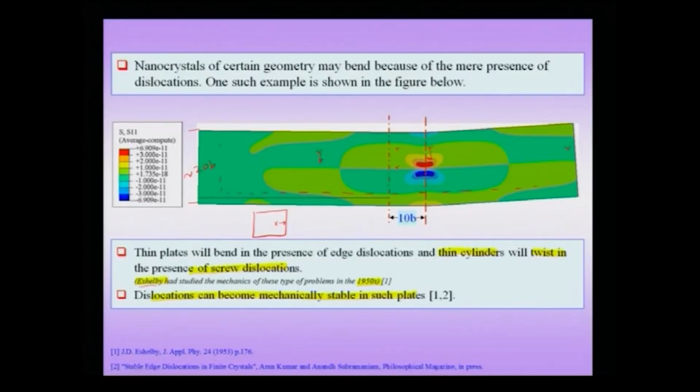It is not that the entire crystal will be stable, but nevertheless the important point to note is that in these special nanocrystals, that means having a specific geometry, dislocations can be mechanically stable. So, this is very interesting, that in bulk crystals dislocations are always mechanically unstable. Of course, to be very technically correct, they are metastable, but here in these crystals you can actually see that they can be mechanically stable in thin plates and thin cylinders.